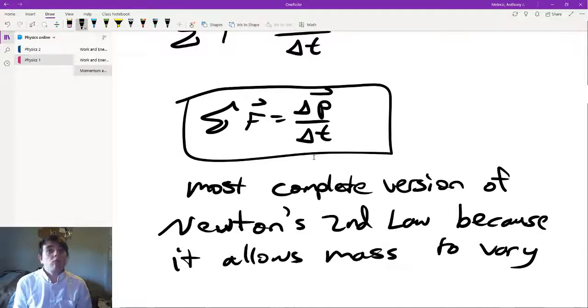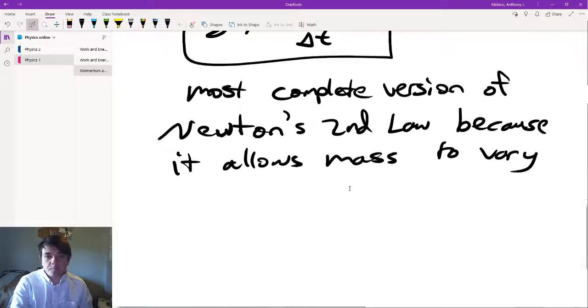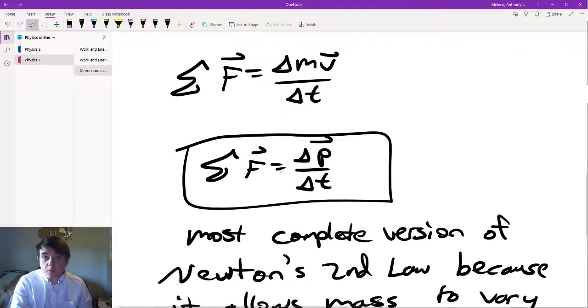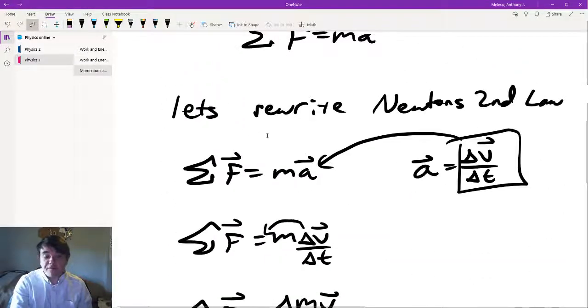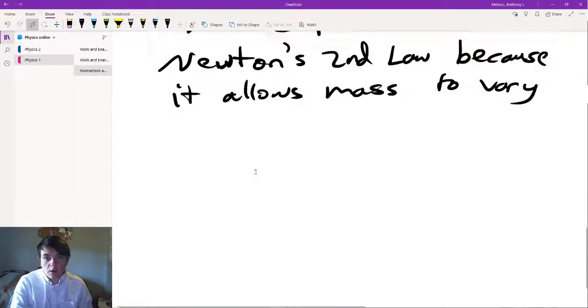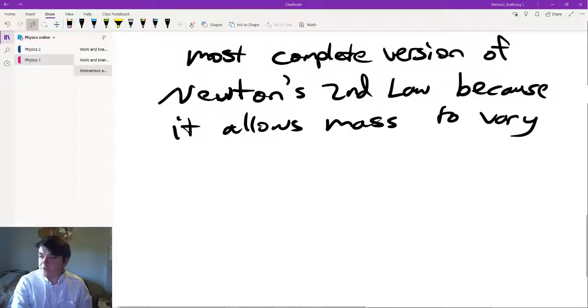So you can do things like rocket problems, where you could figure out the force if you're changing the mass of the rocket. You're seeing how the momentum, or the mass times velocity, changes, and how that influences force. So it's pretty important. This is the most complete version, more so than the more famously written equation. But of course, both can be useful for their own respective problems.